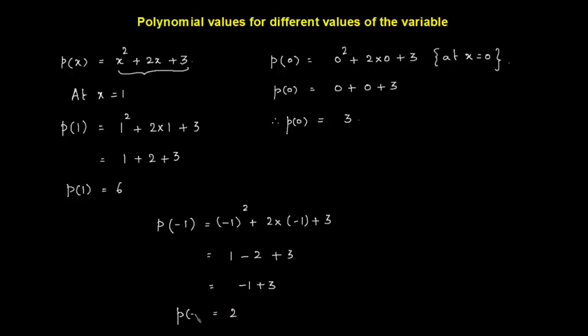So P of minus 1 is equal to 2. Therefore, we found that P of 1 is 6, P of 0 is 3 and P of minus 1 is 2. This is how you have got to find out the values of the polynomials at different values of x. In relation to this, we are going to now learn what is 0 of a polynomial.